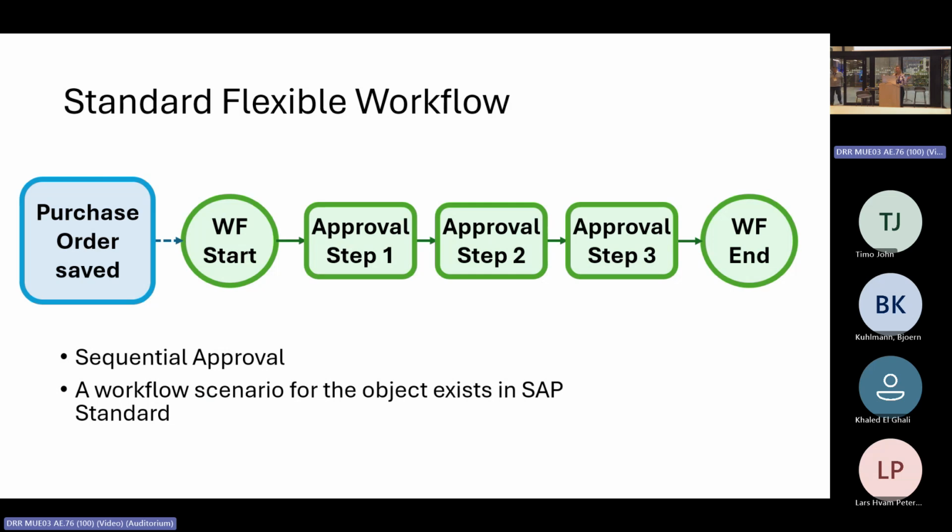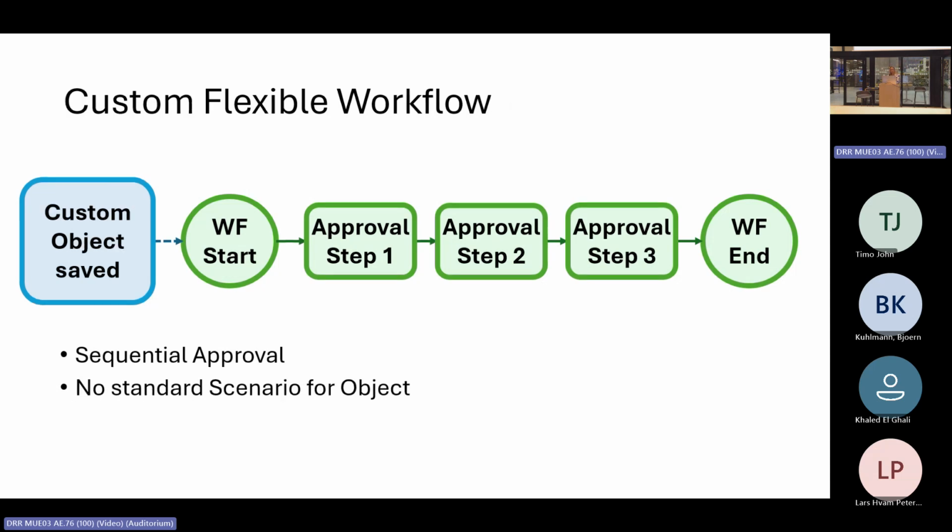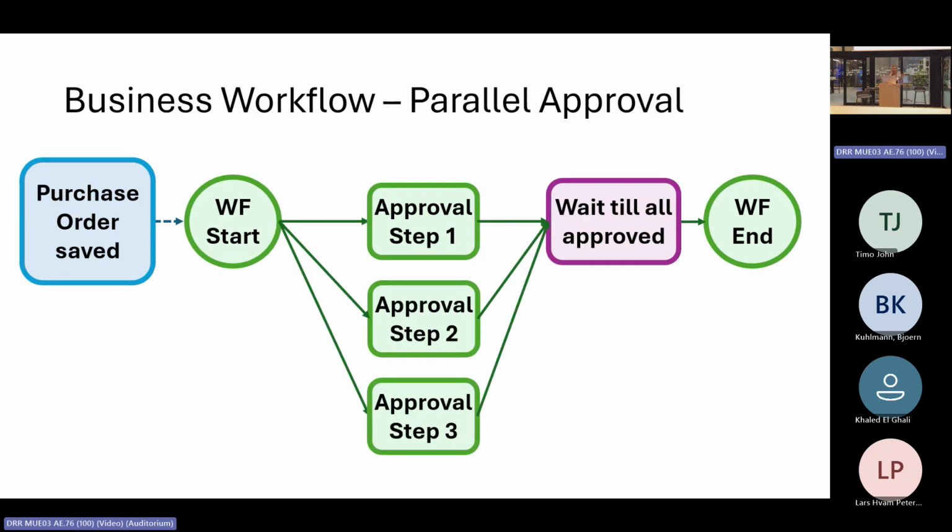So a really easy example: we save a purchase order, the workflow starts, we have three approval steps, and then the workflow ends. So step-by-step approval. For a custom object, it will be a custom flexible workflow, but it's the same. And for business workflow, this is the old workflow from the ECC system.